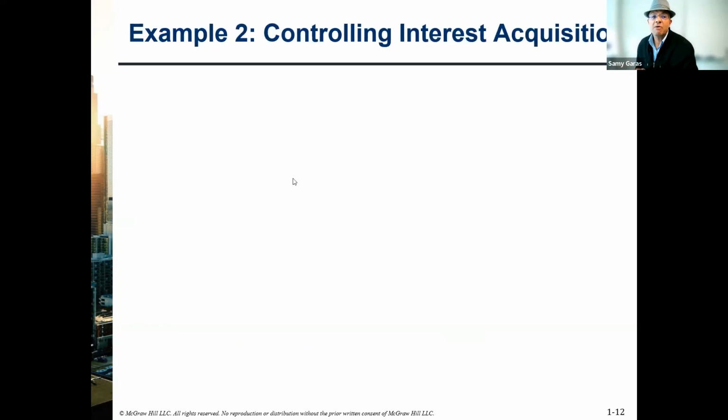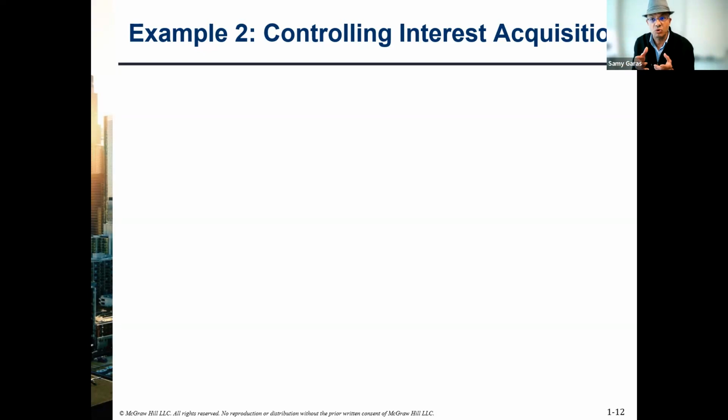Okay. How about if we have controlling interest? What do we mean by controlling interest? We own significant ownership above 50% but lower than 100%. Anything between 51 and 100, here we call controlling interest.